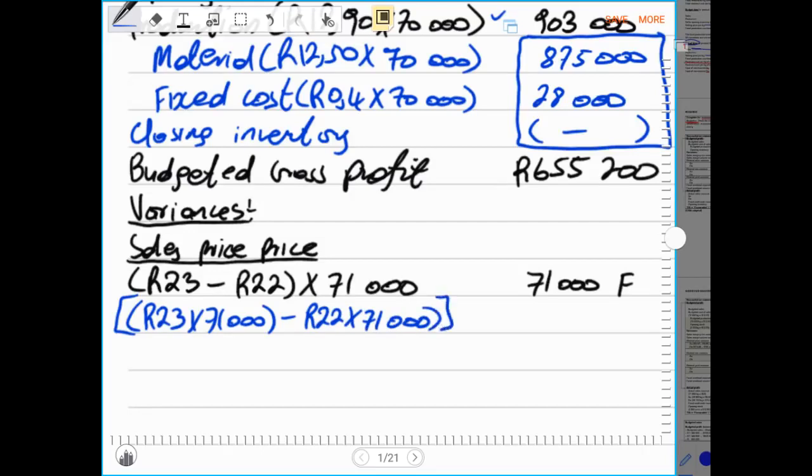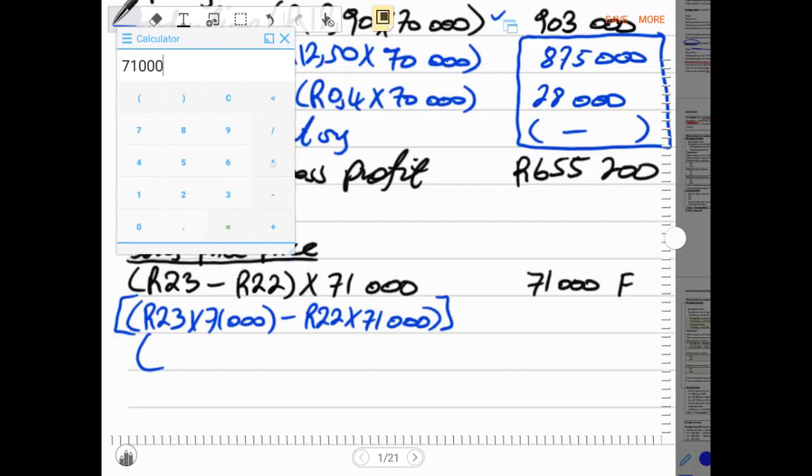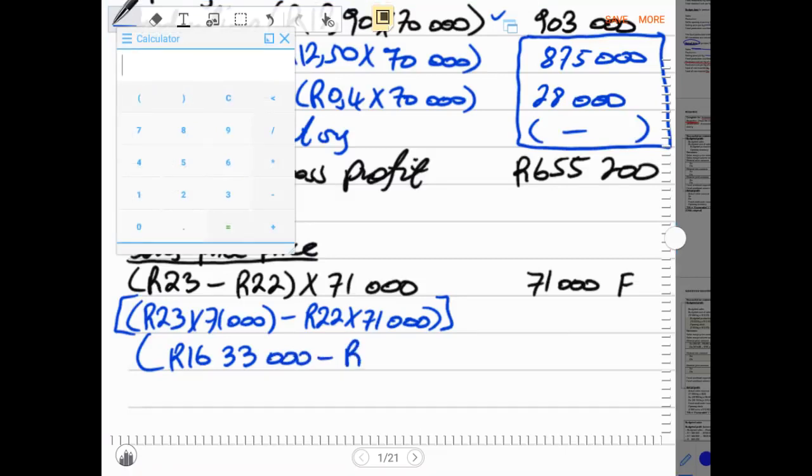If you do this, it should give you the same variance. Our actual would have been 71,000 times 23, which will give us 1,633,000 rands. This is the actual sales revenue in total, and you minus the standard sales revenue.